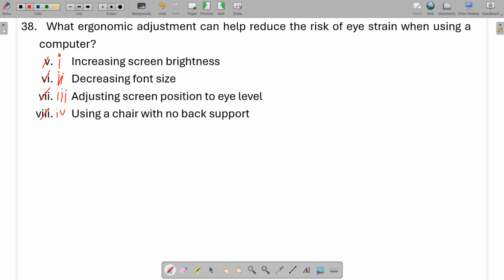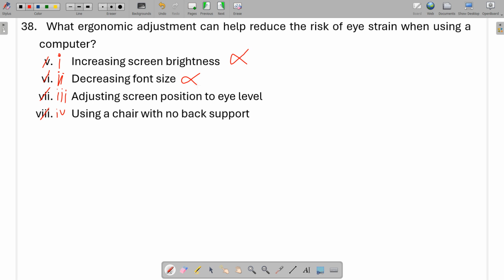So this is not going to be an answer. Decrease in the font size is going to give you eye strain again, because you can't see the font size properly when it is decreased. So you have to strain your eyes to recognize the fonts. So it is not going to reduce the risk of eye strain.